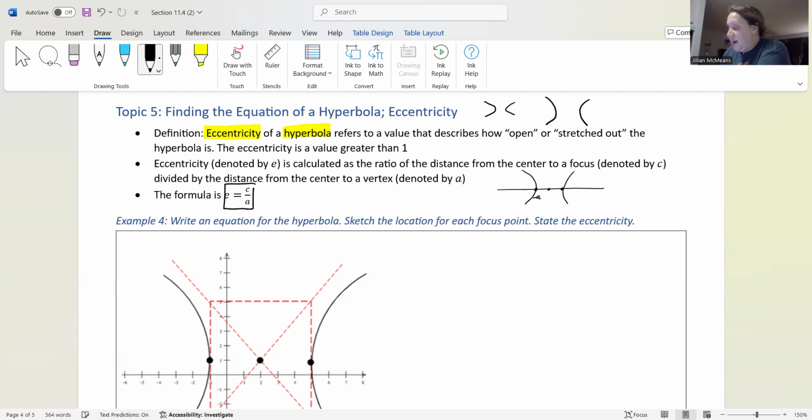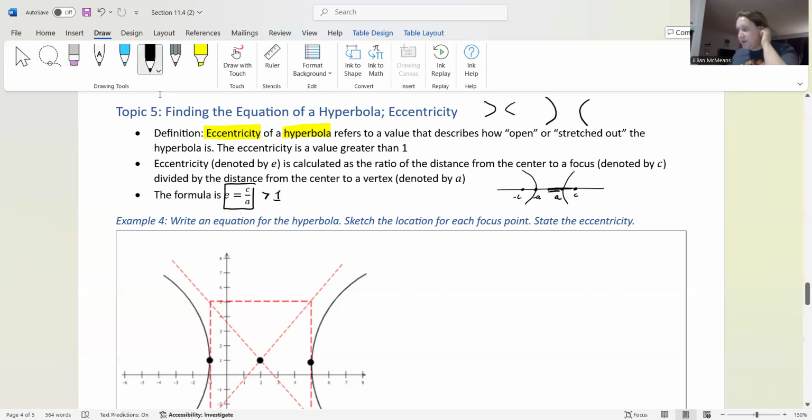We have negative a, positive a, and then our foci that live inside those curves, so that's negative c and positive c. The length c from the center to a focus is always going to be longer than the length a from the center to a vertex. So this ratio is always going to be greater than 1.